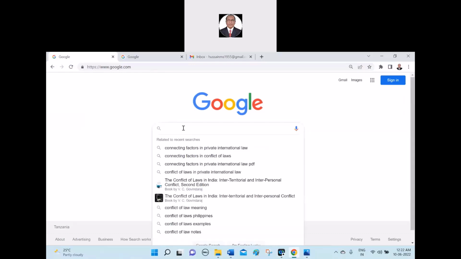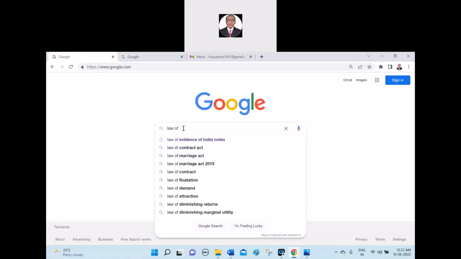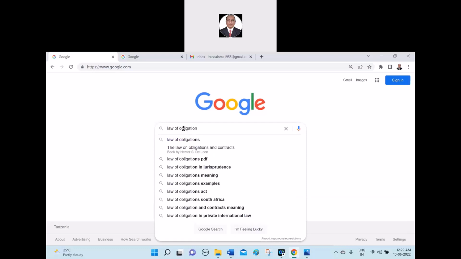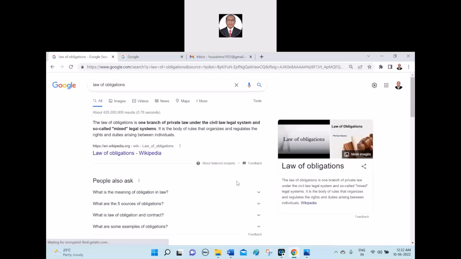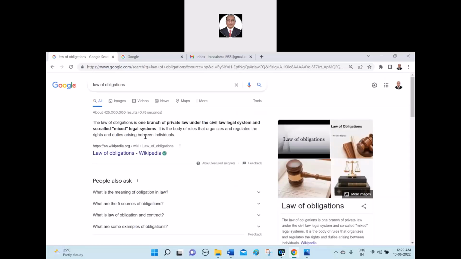When you say the law of obligation, it covers both contract as well as tort. See, I typed this. Law of obligation, read. Could you read it?